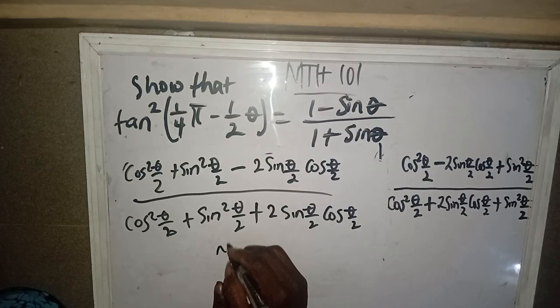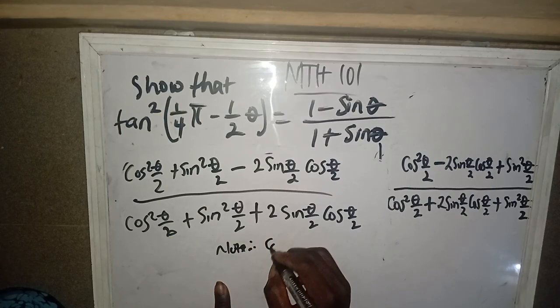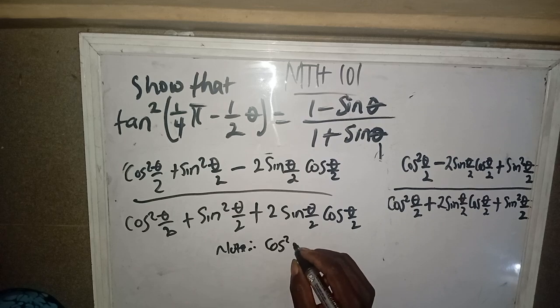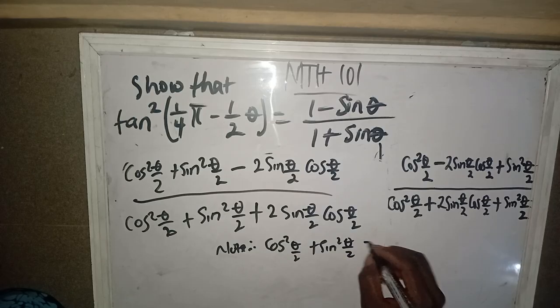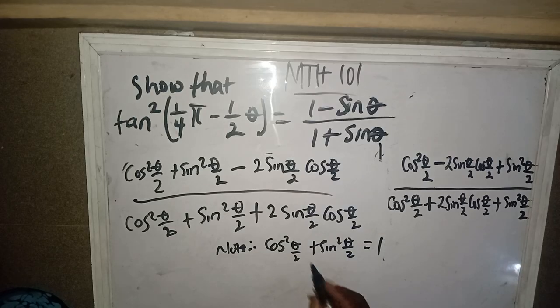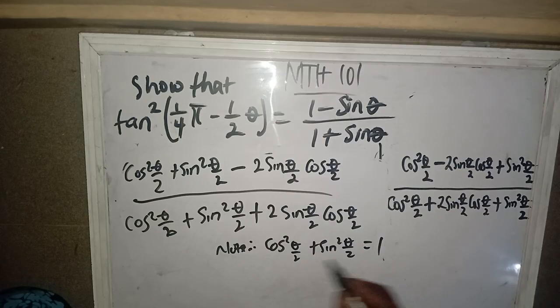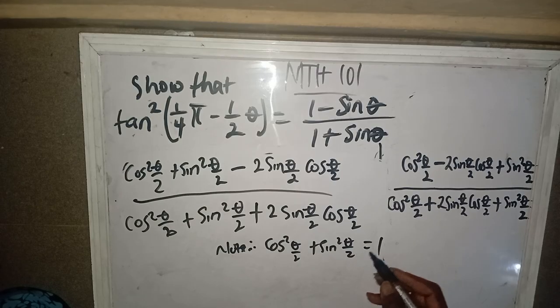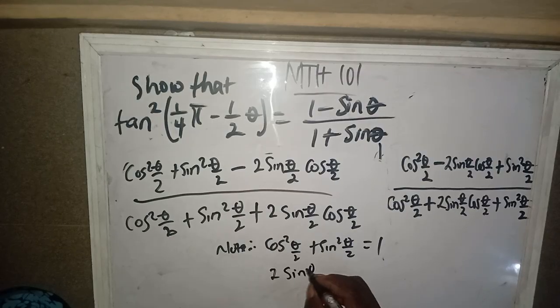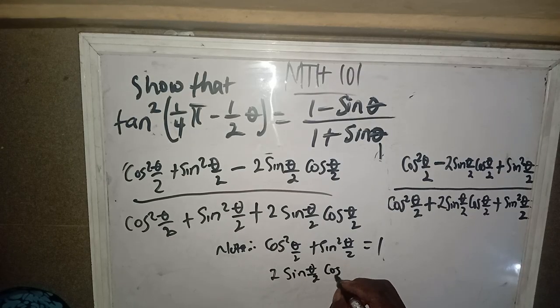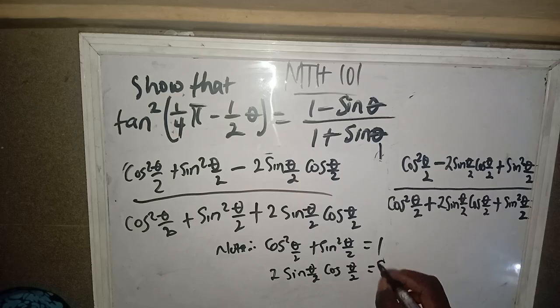Now note cos square theta over 2 plus sine square theta over 2 equals 1. I hope we remember. It can be theta, it can be x, it can be anything. Once these angles are the same, cos square angle plus sine square of the same angle equals 1. I will know that 2 sine theta over 2 cos theta over 2 equals sine theta.